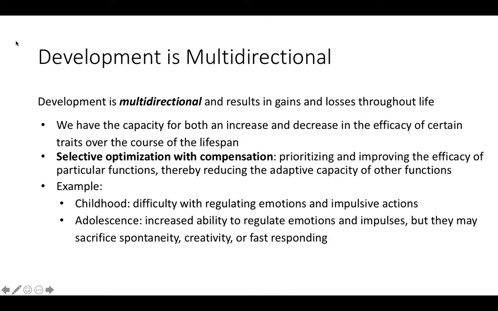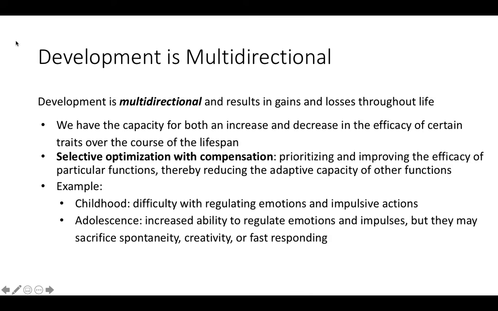So development is multi-dimensional as well as multi-directional. Okay, and results in gains and losses throughout life. So we have the capacity for both an increase and decrease in the efficacy of certain traits over the course of the lifespan. So we have this selective optimization with compensation, which is prioritizing and improving the efficacy of particular functions, thereby reducing the adaptive capacity of other functions.